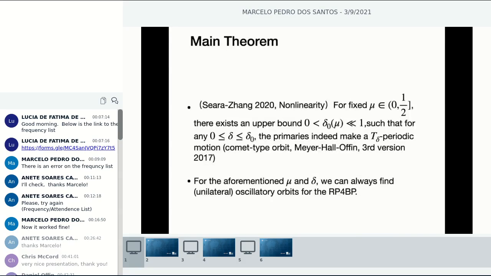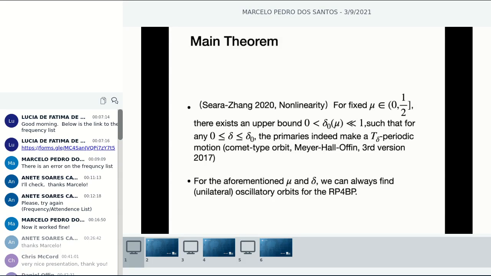Now let's state our main conclusions. The first conclusion is that for fixed mu in 0 to 1/2, there exists an upper bound, delta 0. It depends only on mu, such that for any delta greater than or equal to 0 and less than or equal to delta 0 — notice that delta can be 0.